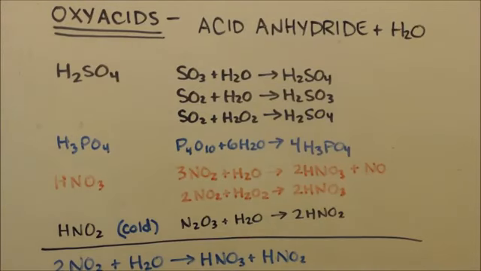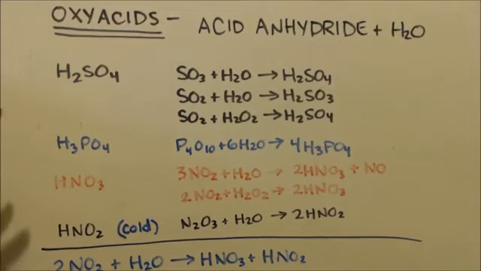If you have an oxy acid, you can always just throw the acid anhydride in some water and you'll make your acid. What is an acid anhydride? The best way to explain that is with sulfuric acid. And keep in mind, if you're going to do this, let me know, because there's more to it, especially with sulfuric acid and phosphoric acid.